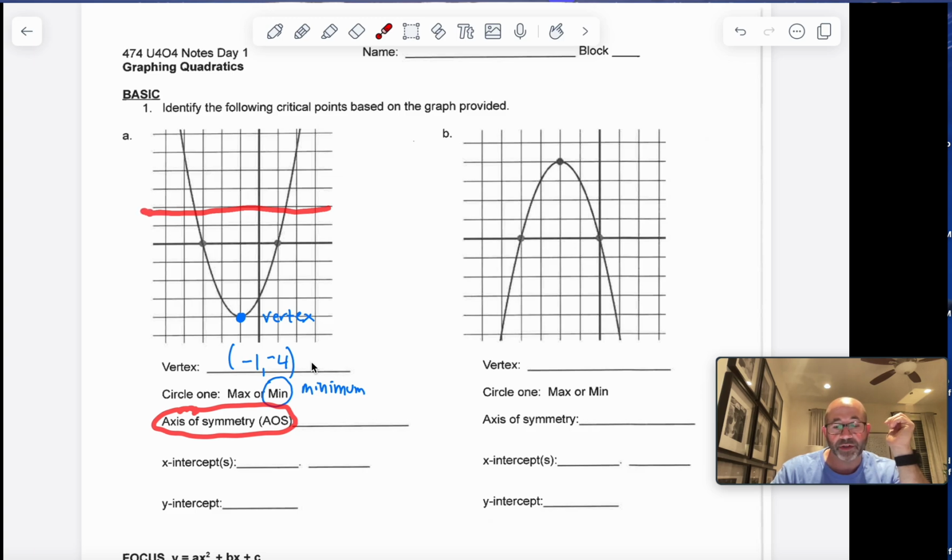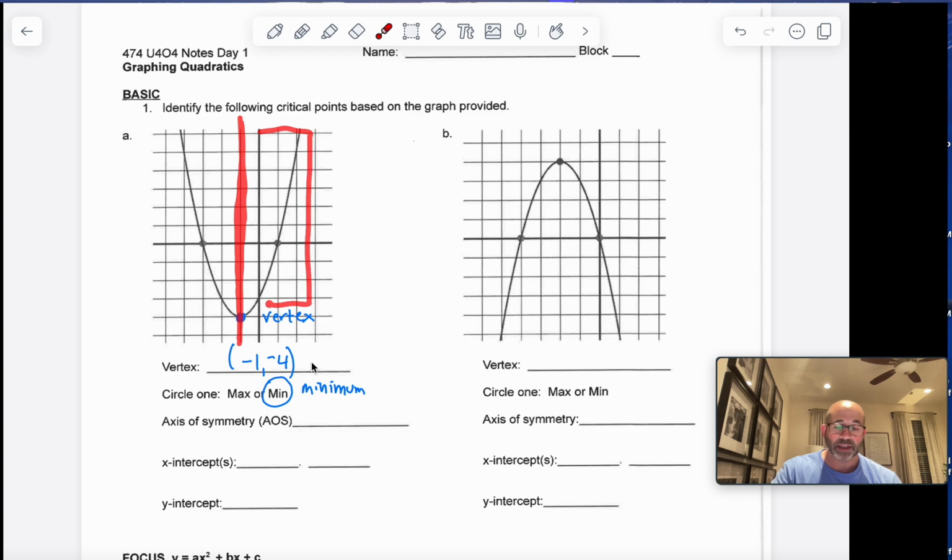This is not going to be symmetrical because what's above this right here does not look the same as what's below it. That's not symmetrical, okay? We're looking for a line that's going to create perfect symmetry in my picture. That's going to happen right here, and that line is always going to pass directly through my vertex. You can see that on the right side and on the left side, everything is exactly the same. Okay, that's why we call this the axis of symmetry, the line of symmetry.